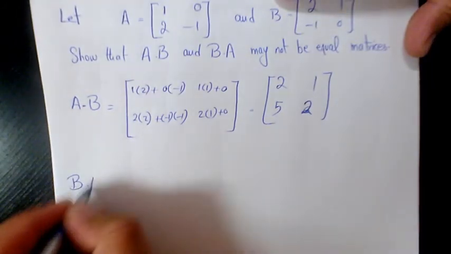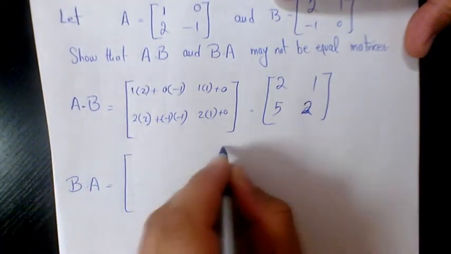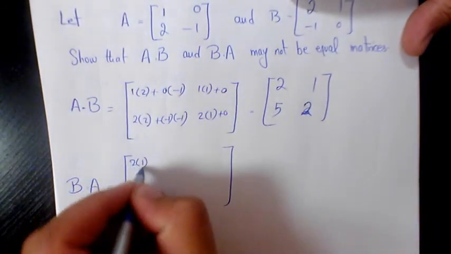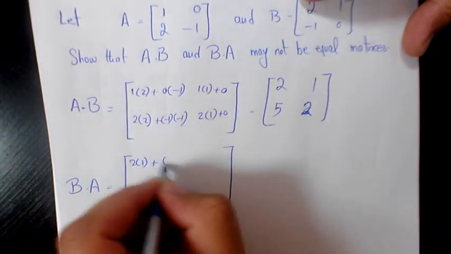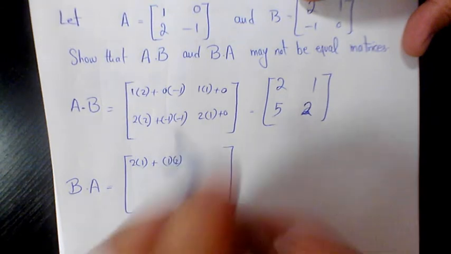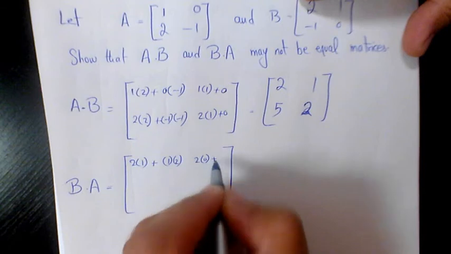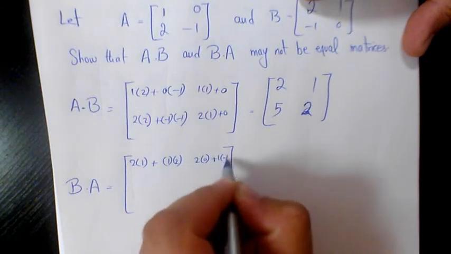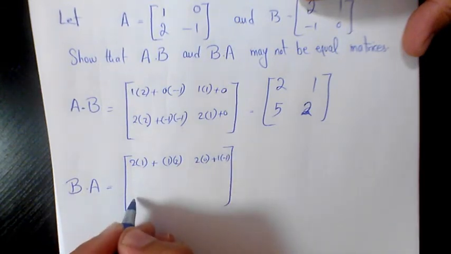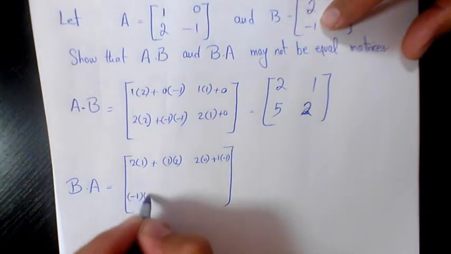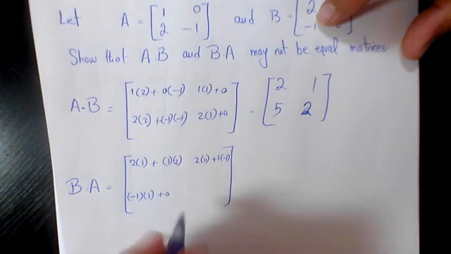B times A is 2 times 1 plus 1 times 2. 2 times 0 plus 1 times negative 1. Negative 1 times 1 plus 0 times 2.